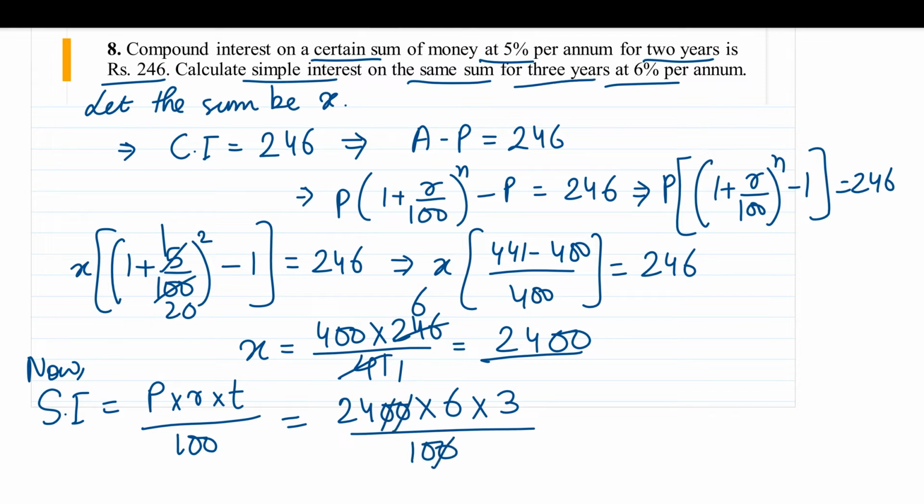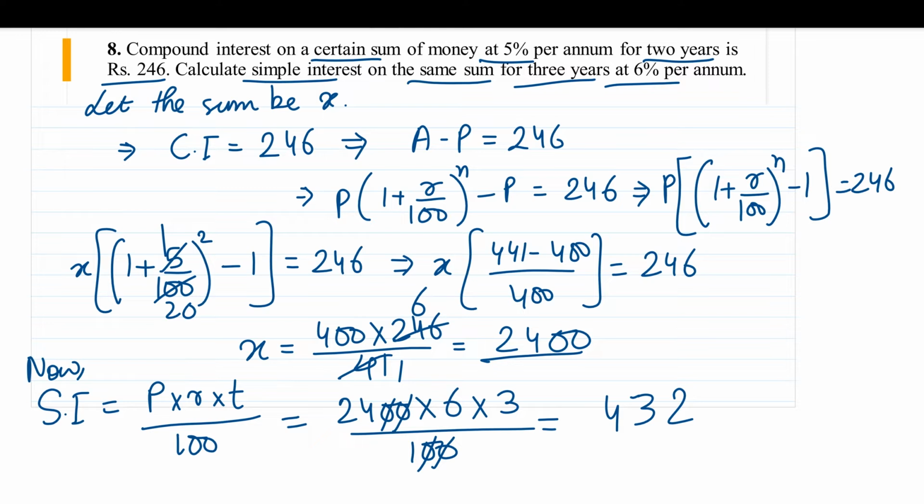So cancel it and it would be 18, 6 threes are 18, 18 fours are 72, 72, and then 18 twos are 36, 36 plus 7 is 43.